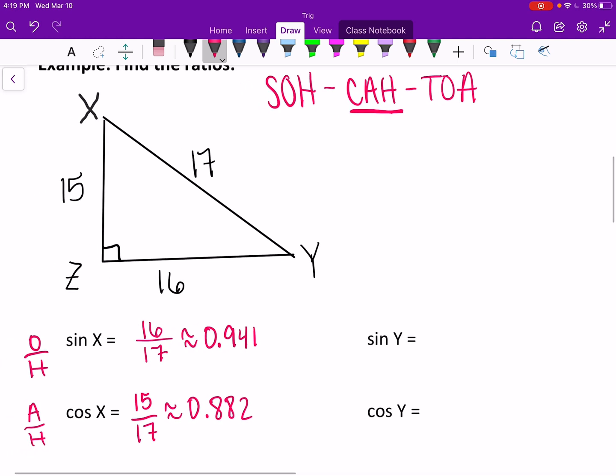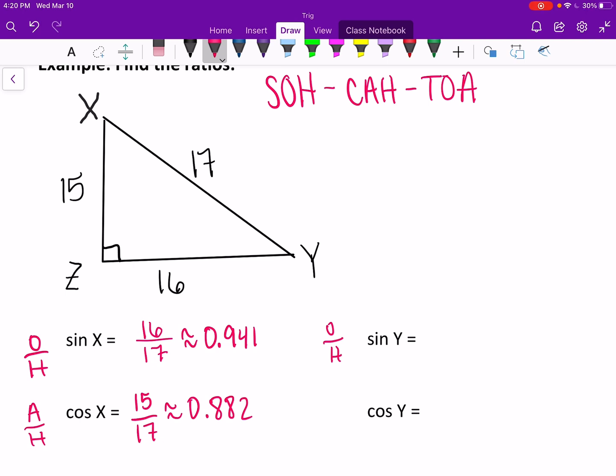Now let's find sine and cosine of y. So now we are switching angles. We're talking about this angle at the bottom right, angle y. Sine, again, is opposite over hypotenuse. So I'm going to write over h.